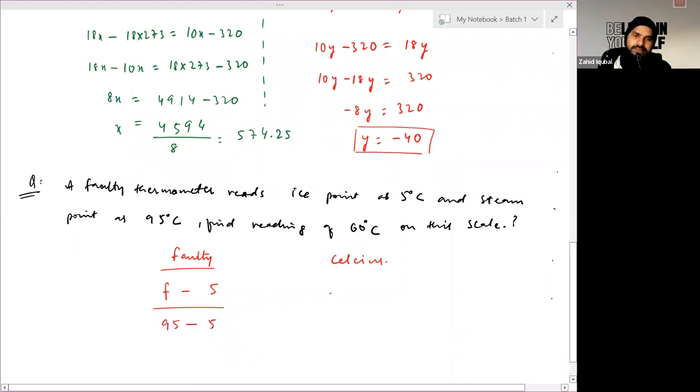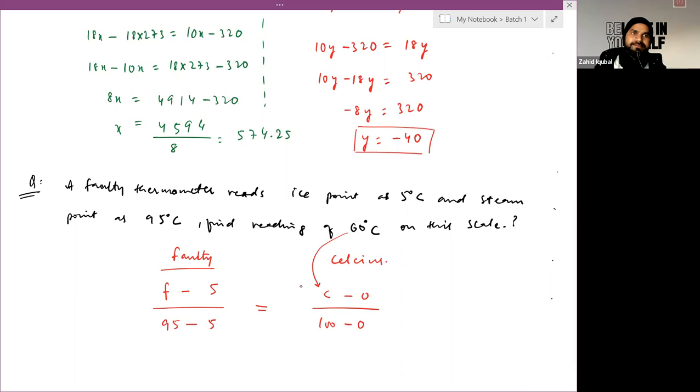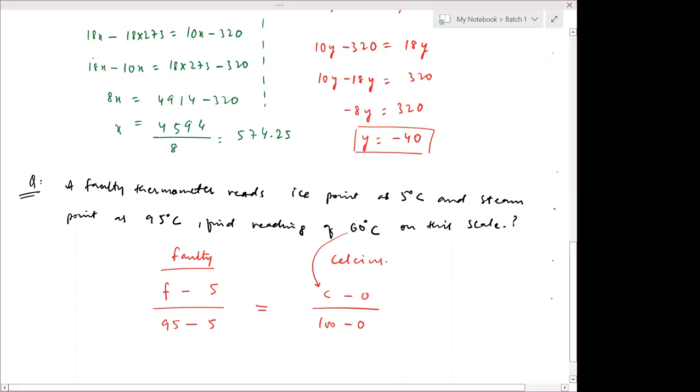For Celsius, write C minus 0 divided by 100 minus 0. Now put the value of C to be 60 degrees and equate them to find the value of F. Hamza, is it clear? Yes, sir. Try to solve.